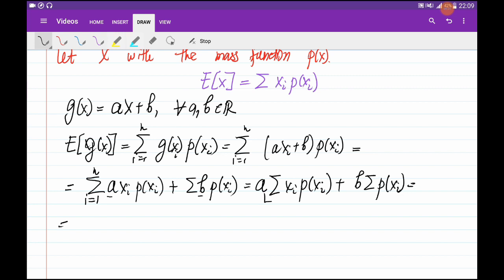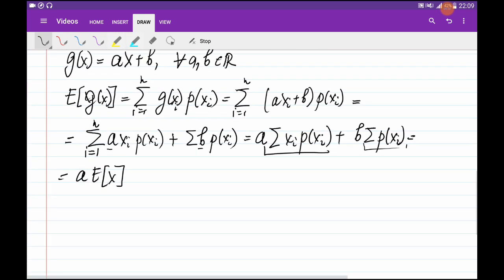Obviously the first part is nothing else than the expectation of x, and this summation is equal to 1 according to the properties of the mass function. So simply we will get b.